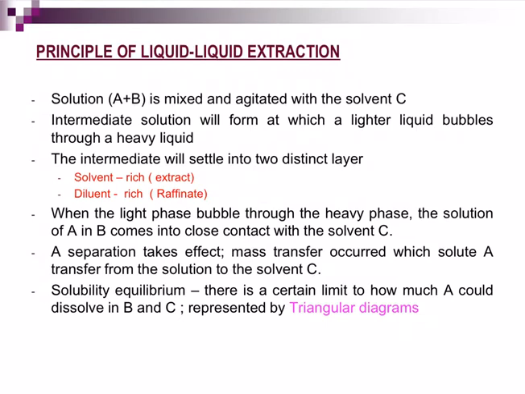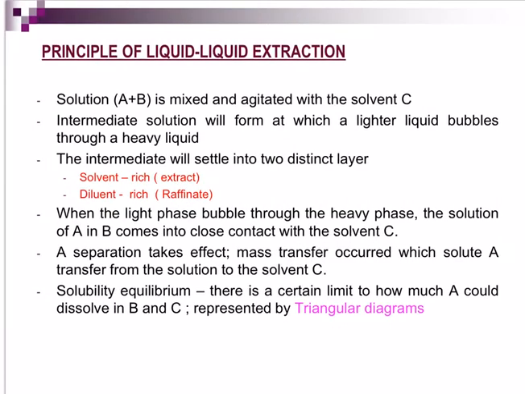The intermediate solution will be formed, in which a lighter liquid bubbles through a heavy liquid. The intermediate will settle into two distinct liquid layers: solvent rich, which is your extract, and diluent rich, which is your raffinate. So the extract and the raffinate are the products of your liquid extraction process.